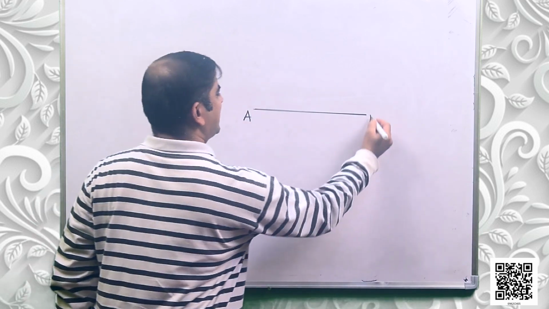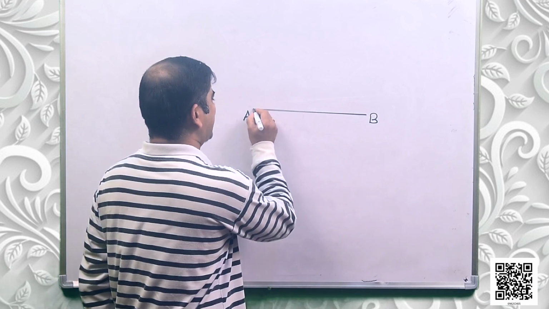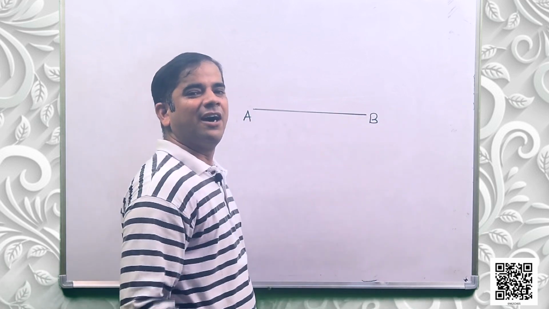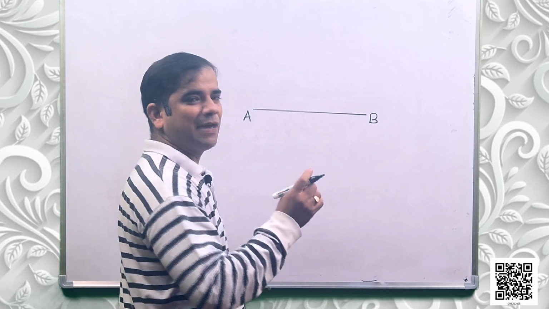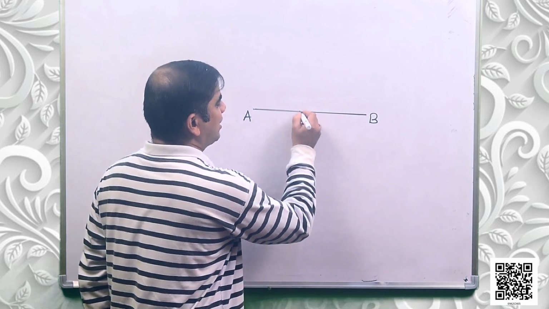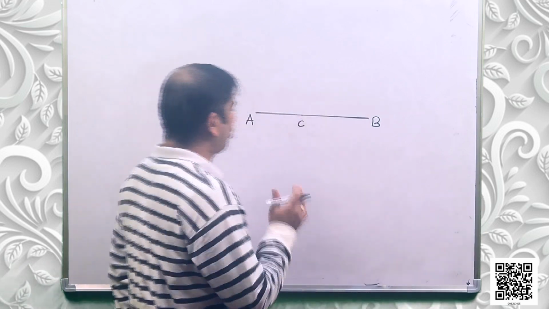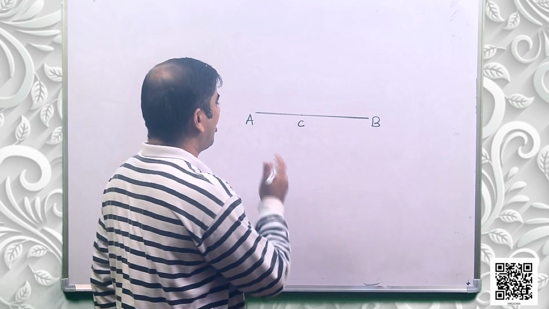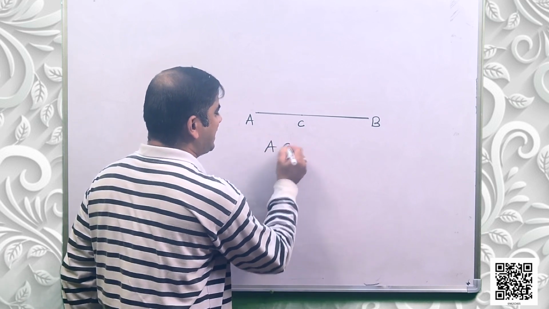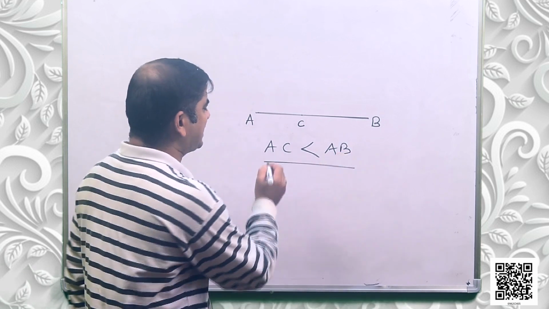Suppose this is a line segment AB. In this case, AB is a line segment which can be treated as a whole. Let us have a point C on the line segment AB. It is obvious that AC is less than AB. What is AC?